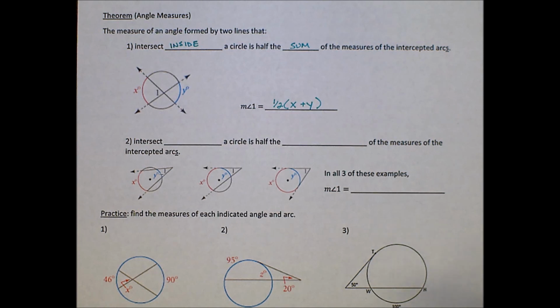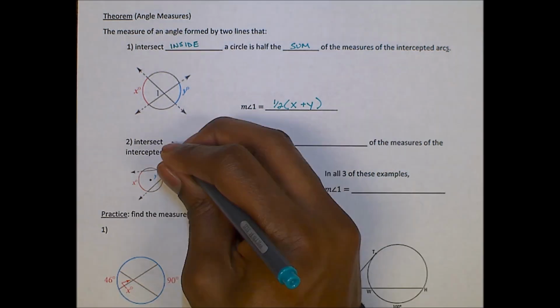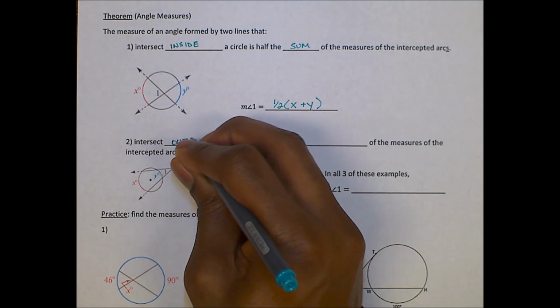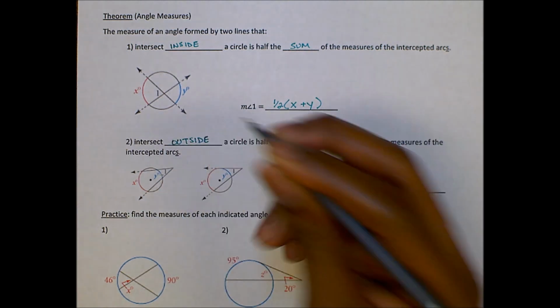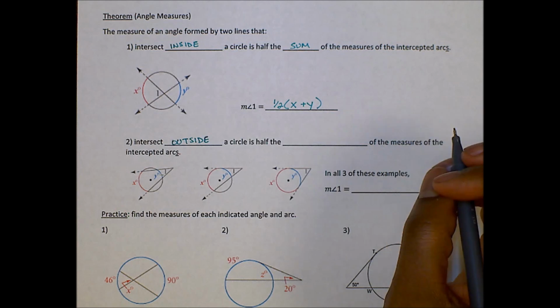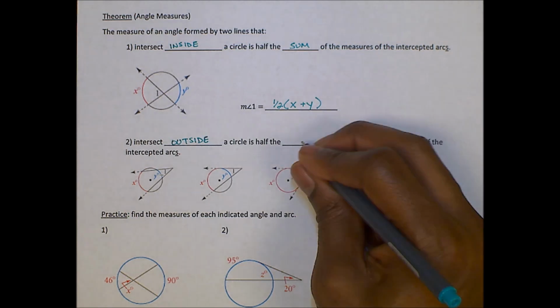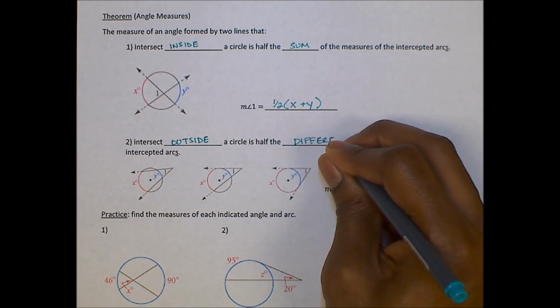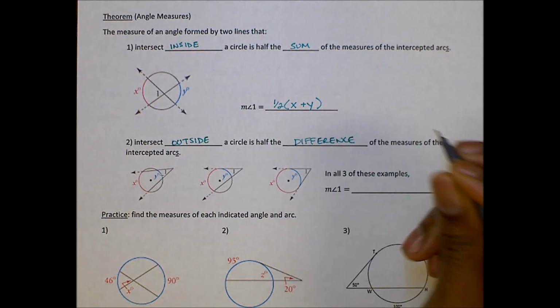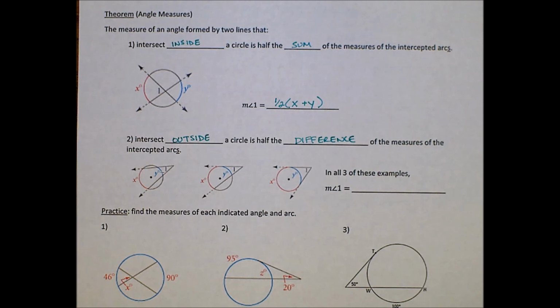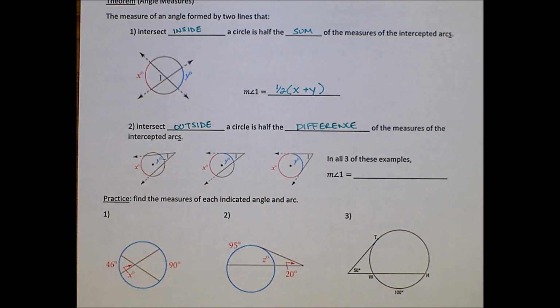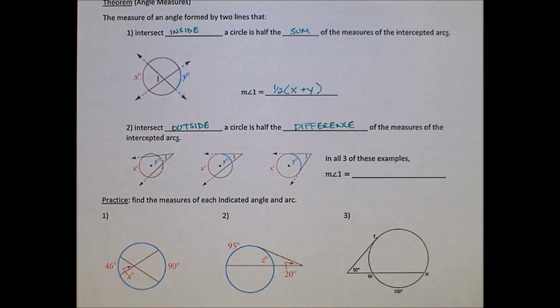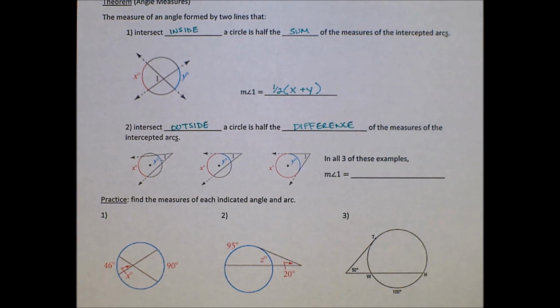When lines intersect outside of the circle, the measure is half the difference of the measures of the intercepted arcs. And you'll notice here there are a few more ways that it will look.